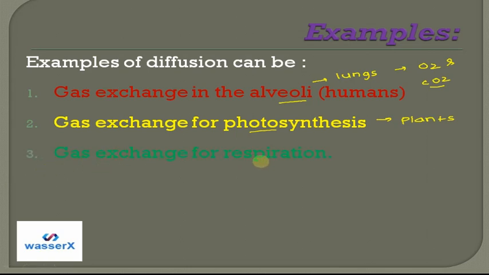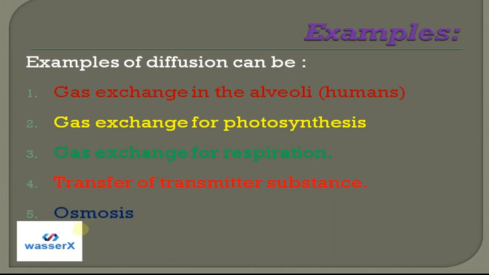Next is gas exchange for respiration that we just saw here. And transfer of transmitter substances. Transmitter substances are present in our brain, which are responsible for the transfer of some neurochemicals or neuron signals. So these are the examples of diffusion, or events where we can see diffusion occurring inside our body.